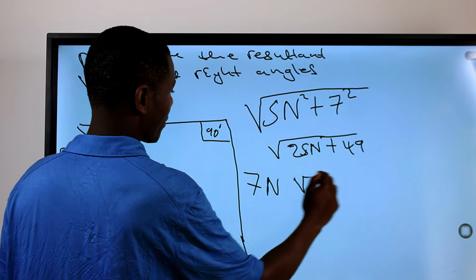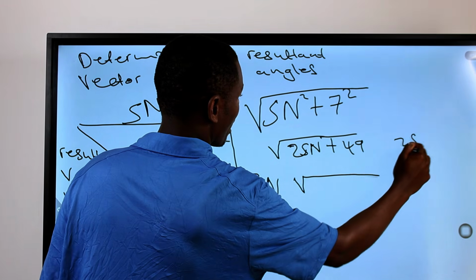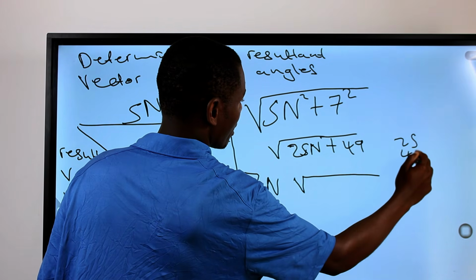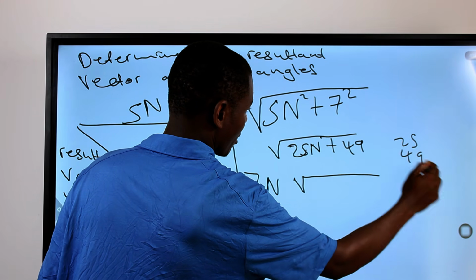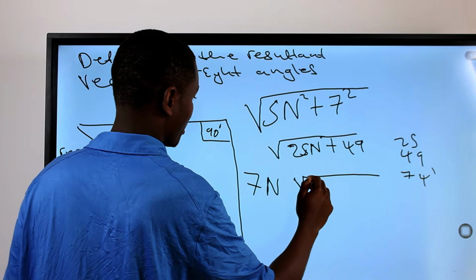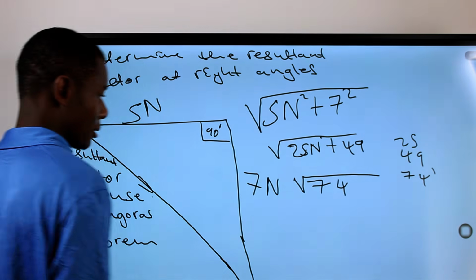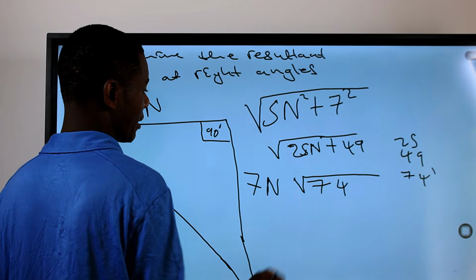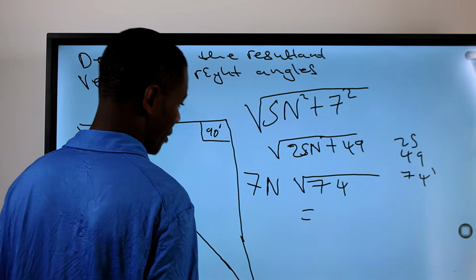Then we find the square root of 25 plus 49, which is the square root of 74. The square root of 74 becomes our resultant vector.